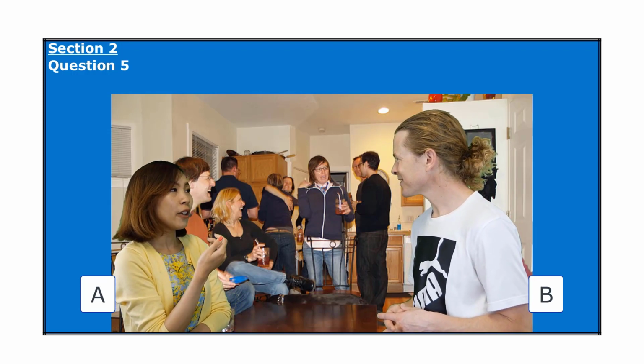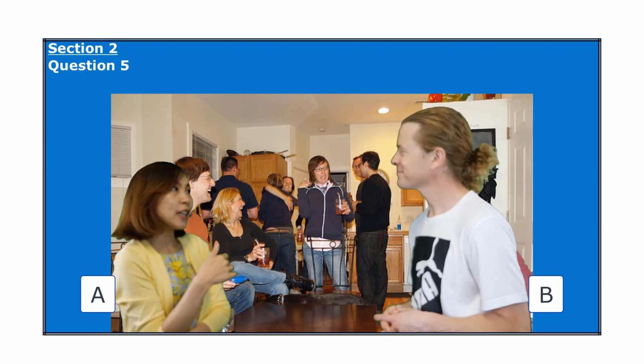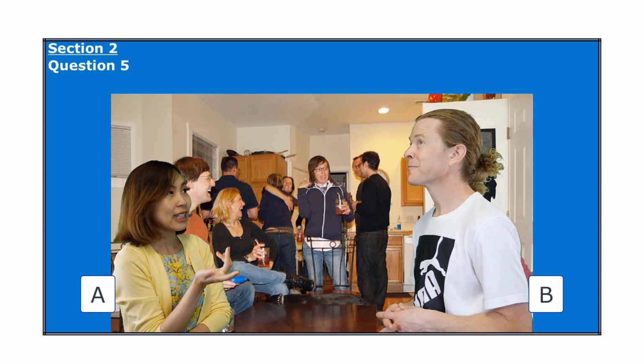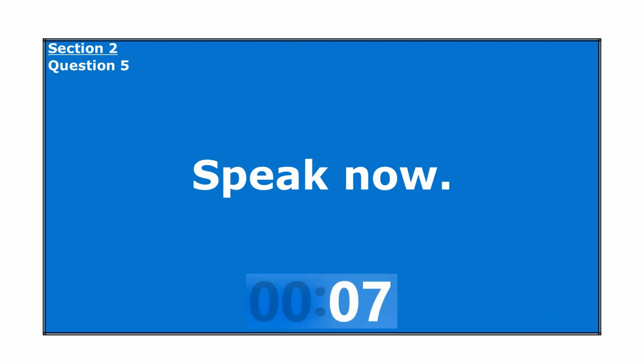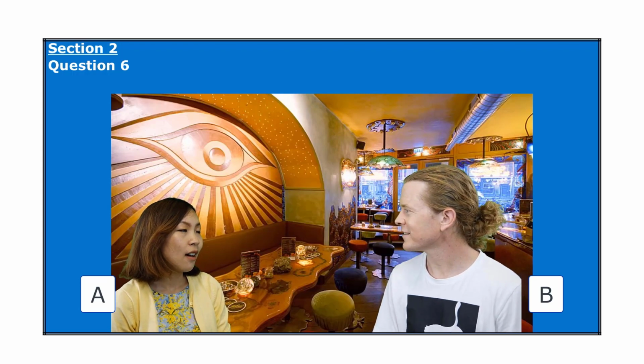Have you ever wondered what it would be like if we could see in 360 degrees like a spider? I wish I had more space in my apartment. Oh, why do you say that? I really want to get a dog, but I would feel bad if I kept it in my crowded room.